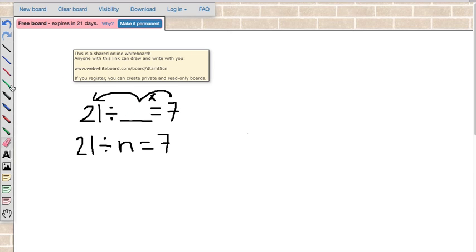It means that if I erase the letter N, what number should go there instead? And that would be a 3. So then maybe you have to write N equals 3. 7 times 3, 21. Do it normal, 21 divided by 3 is 7.